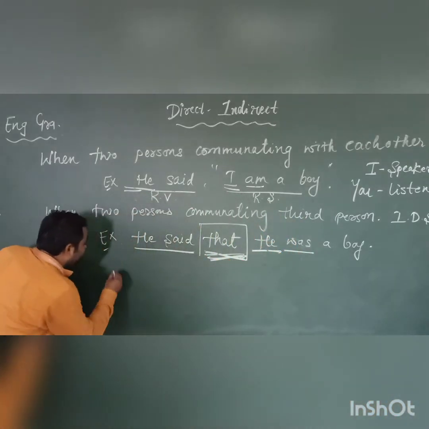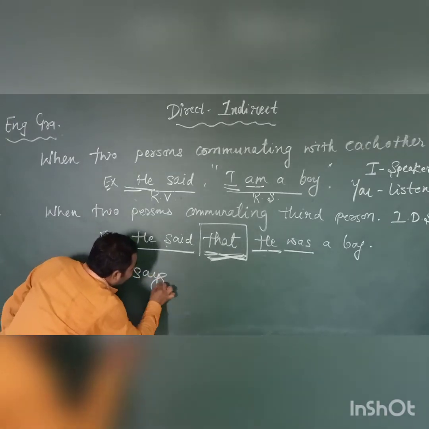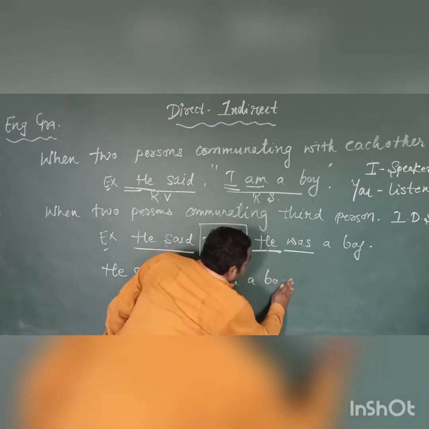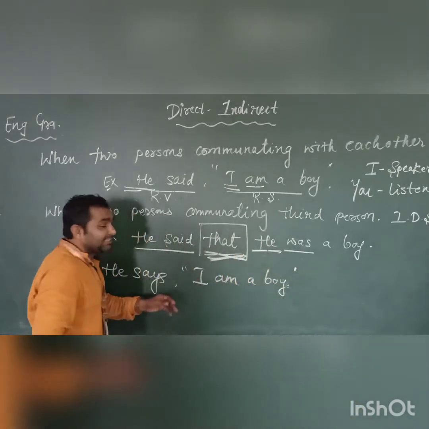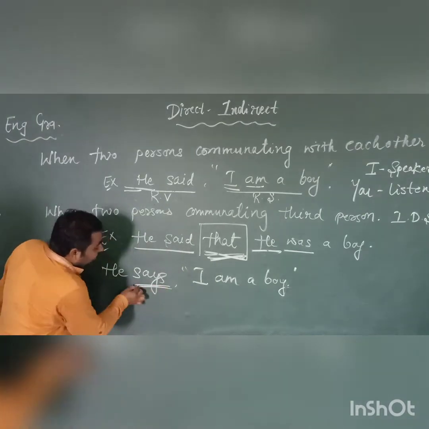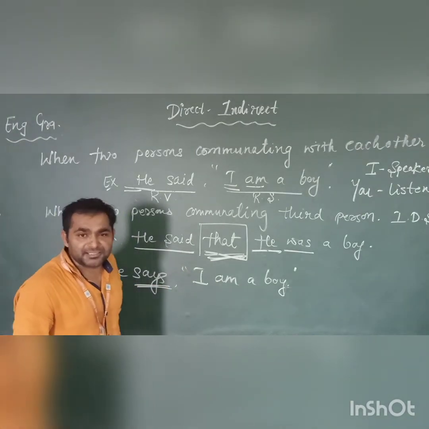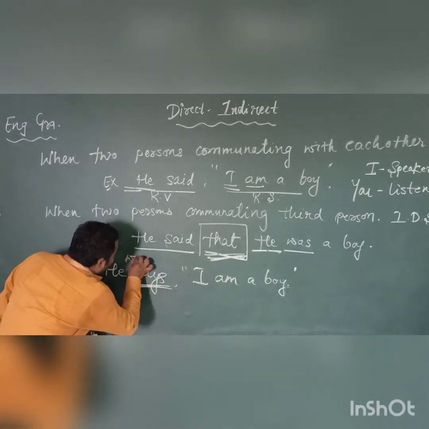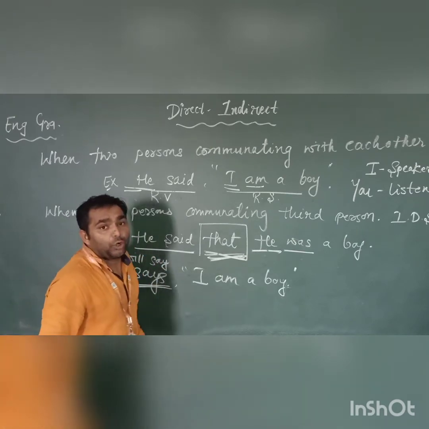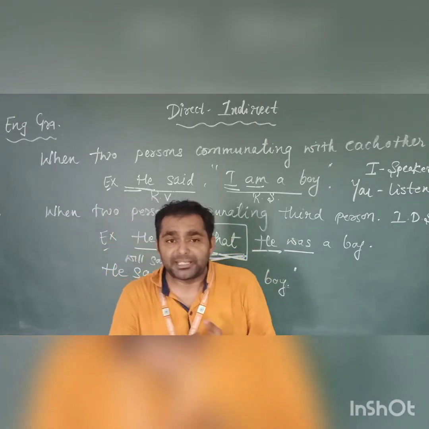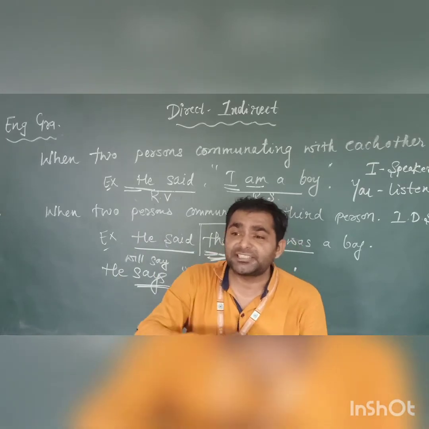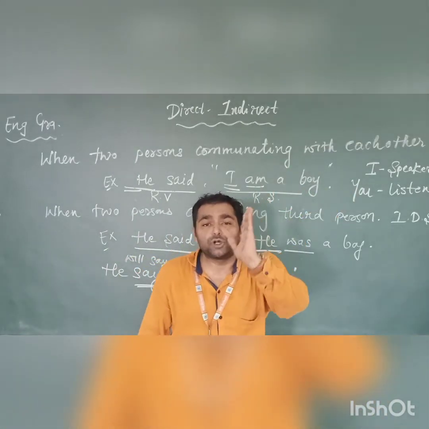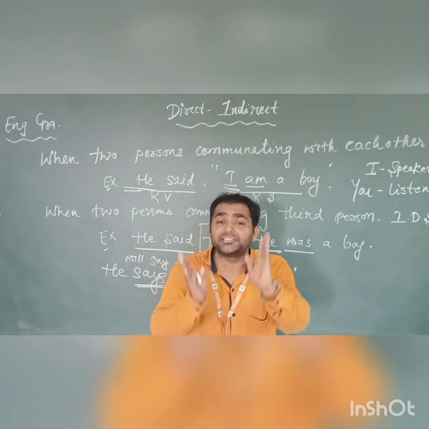Now one more thing. Suppose I have written "He says, I am a boy", a sentence like that. Here we are having "says", which denotes the present tense. So whenever your reporting verb is in the present tense or future tense, that means will say or shall say, जब आपका रिपोर्टिंग वर्ब प्रेजेंट टेंस यानी कि सेज में हो या फिर विल से या सेल से लिखा हो, at that moment we are not going to change the tenses of the sentence, only and only we are going to change the pronoun.